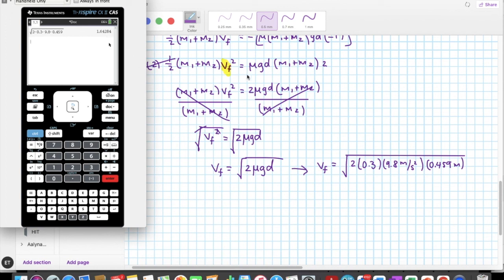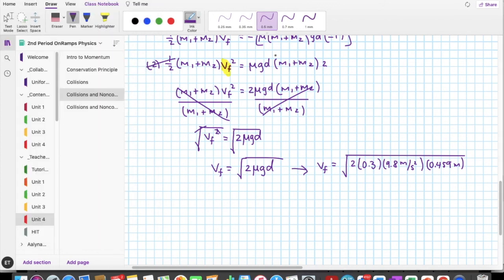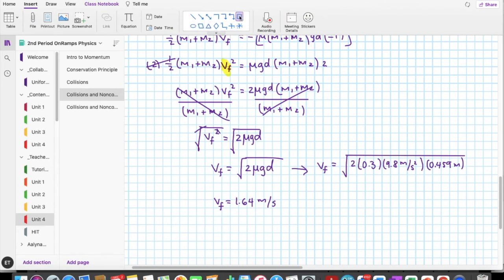Round to the nearest hundredth, that is two decimal places, because 100 has 2 zeros. So 1.64. Our final velocity, or velocity after the collision, would be 1.64 meters per second. And that is part 1 of 2.